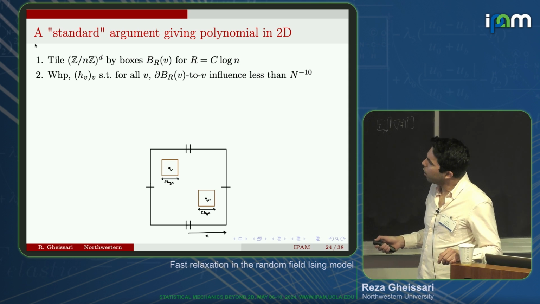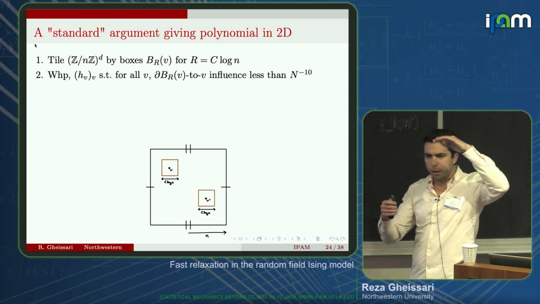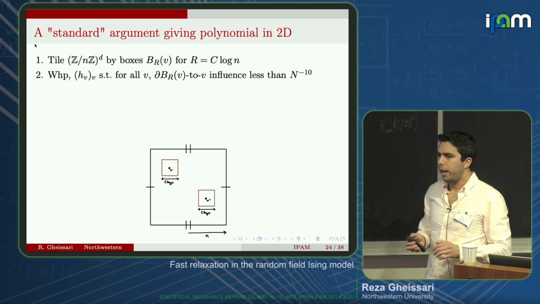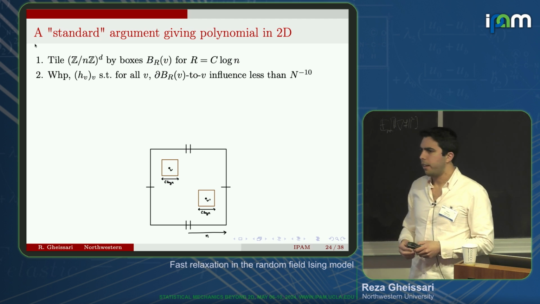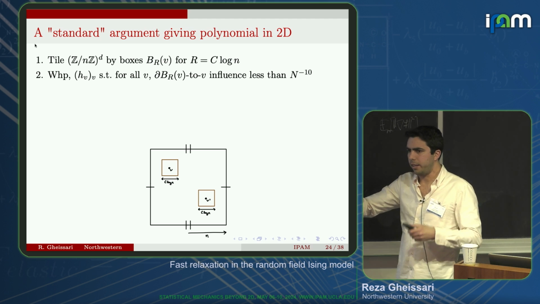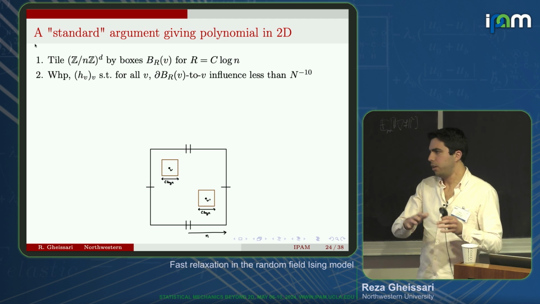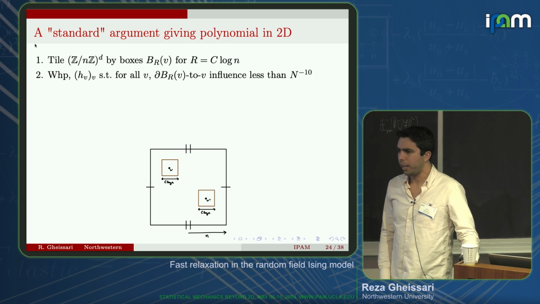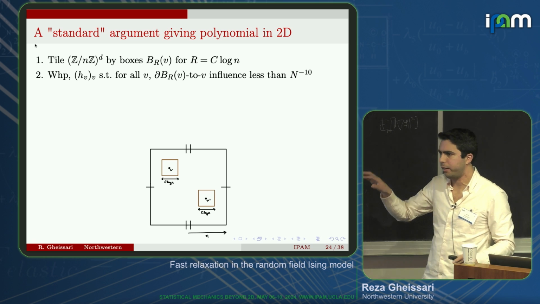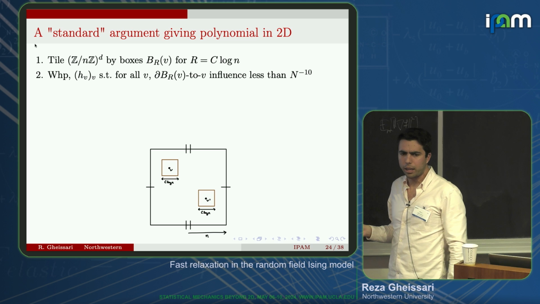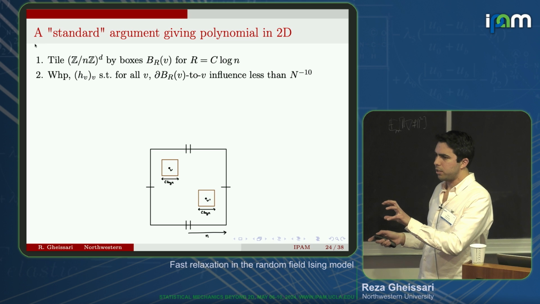So what I'll do is I'll take my torus, I'll tile it by order log n by log n by log n, etc. boxes, and because I have this exponential decay in expectation, Markov tells me that there's exponential decay with exponentially good probability for the field. So there's no region of size larger than log n that has bad fields. So there's small regions of size log n that have bad fields scattered around, but none of them are bigger than size log n. So these tiles localize the bad regions.